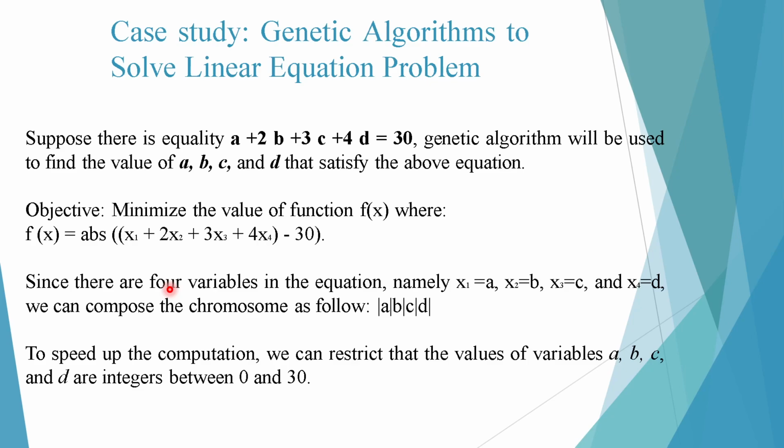But we want to find A, B, C, D that satisfy equal to 30, so we have to take the absolute value so that the objective function won't take a negative value. And then let's say we have the restrictions: A, B, C, D are integers between 0 and 30.